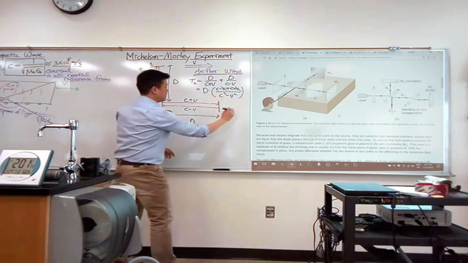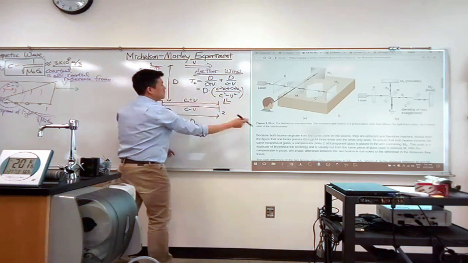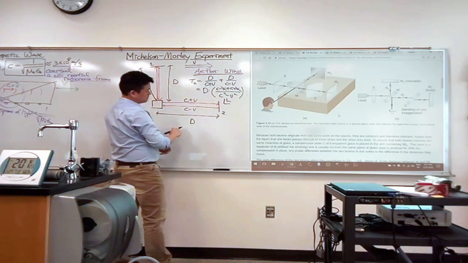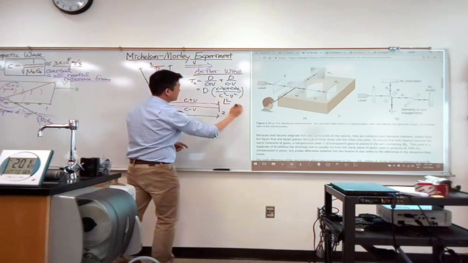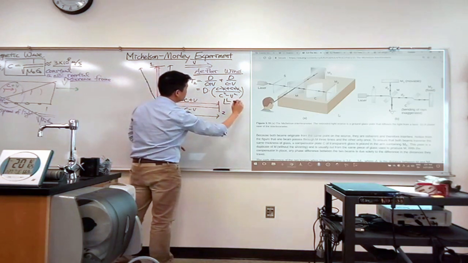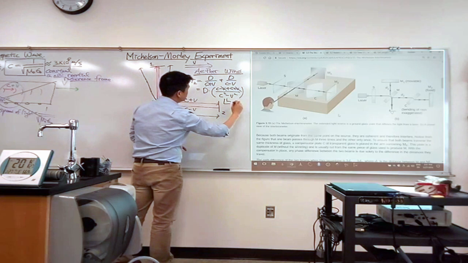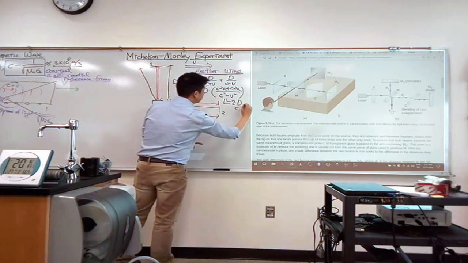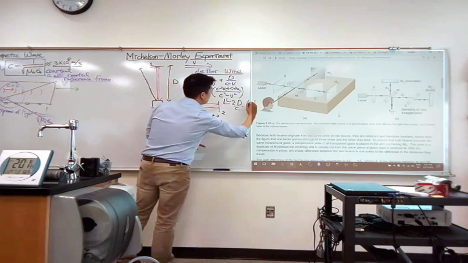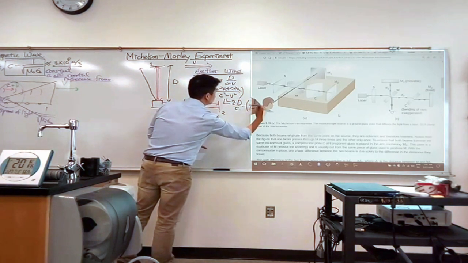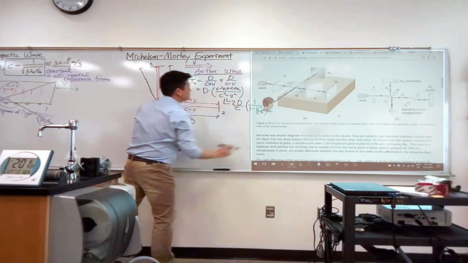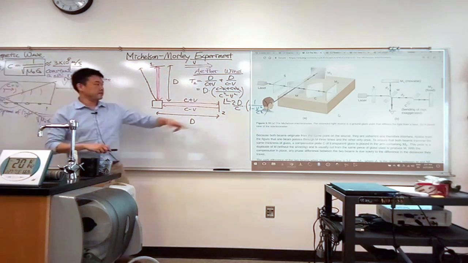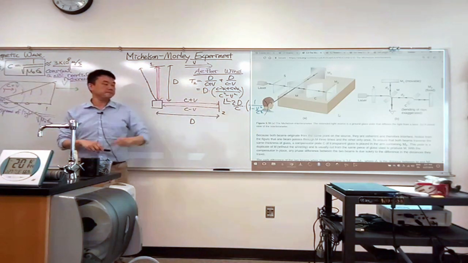So let me actually write that out. That's going to be, and then factor out c. Let me write it out this way. It's going to be 2 times d over c times 1 over 1 minus v squared over c squared. Is this correct coming from here?